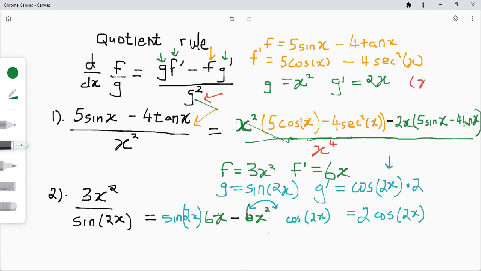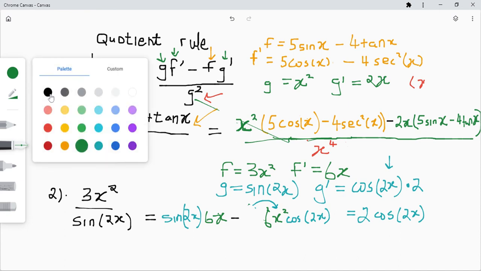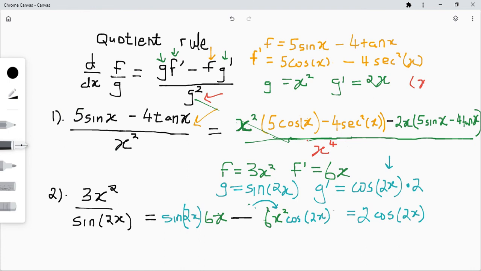Let me write the 6x squared close to the cos 2x so it looks combined. Okay, 6x squared cos 2x, and that's our numerator.